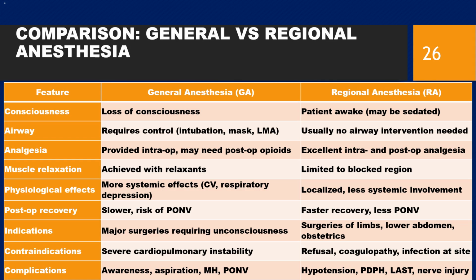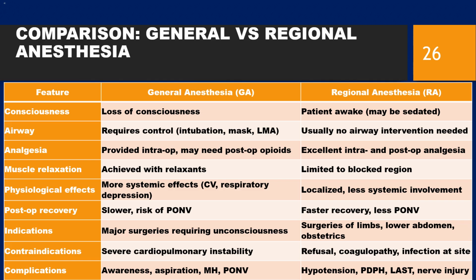Comparison of general anesthesia (GA) and regional anesthesia (RA). Consciousness. 1. General anesthesia (GA) results in loss of consciousness, meaning patients are unaware of their surroundings during the procedure. 2. With regional anesthesia (RA), patients remain awake, although they may be sedated, allowing them to be aware and responsive during the procedure.